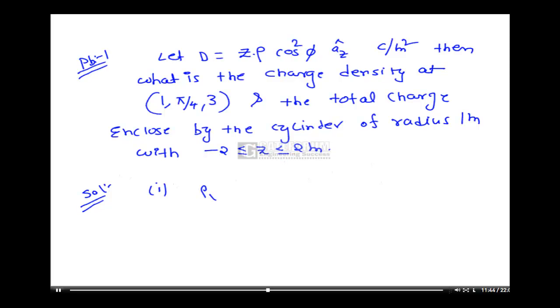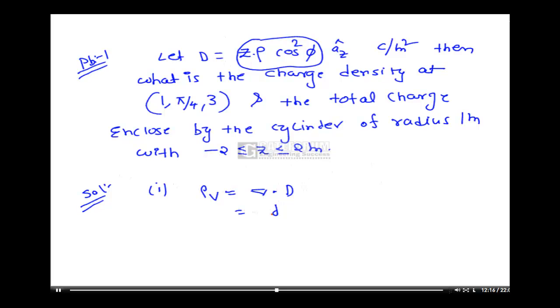So rho v is equal to del dot D by using Maxwell's equation. Here we have to apply the divergence formula for the cylindrical coordinate system. Of course, if you observe, only the az component is given.